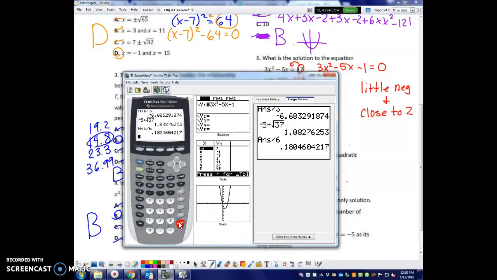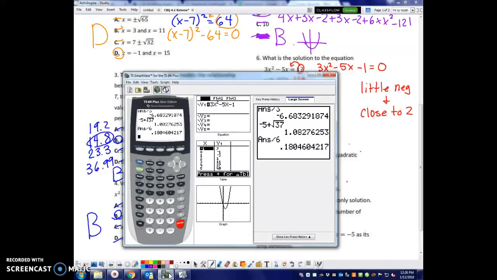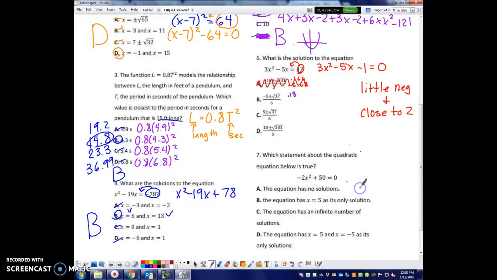So this is 0.18. Do it again. Negative 5 minus the square root of 37. Hit enter. Then divide by 6. This is negative 1.8. So, do these meet the criteria? A little bit negative and close to 2. Nope. Not the answer.